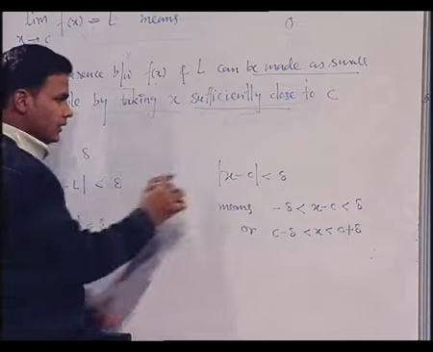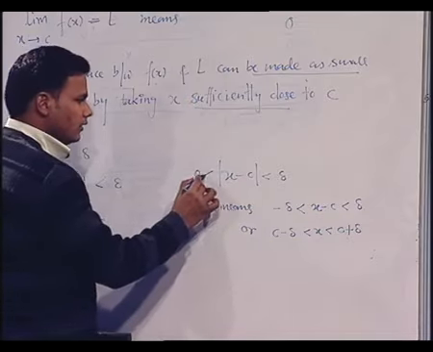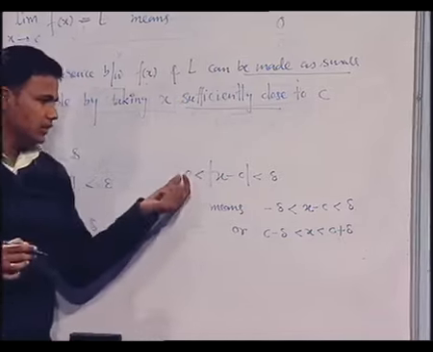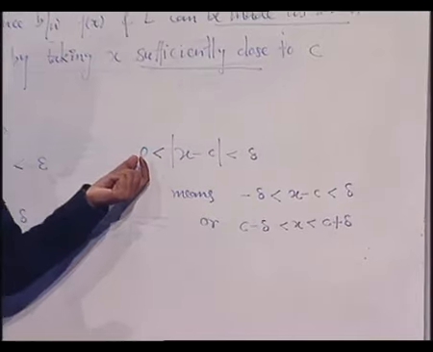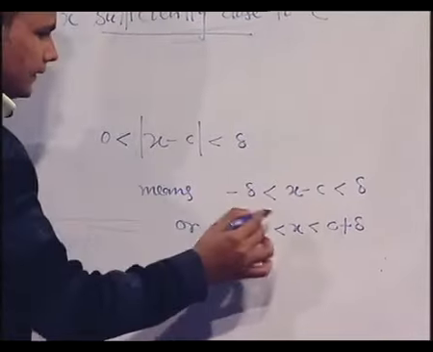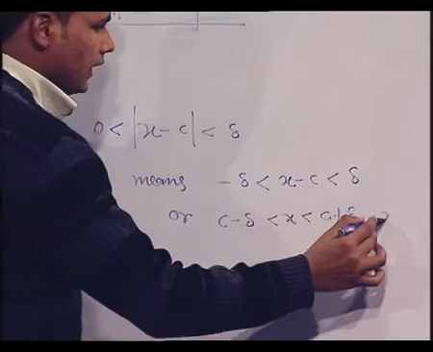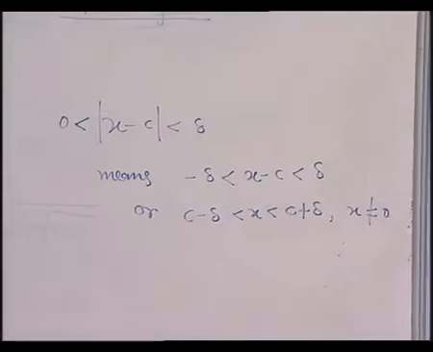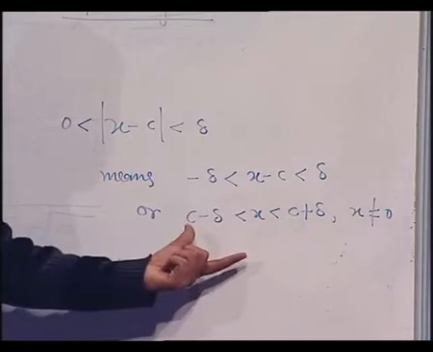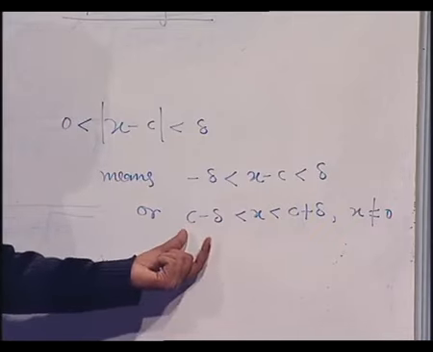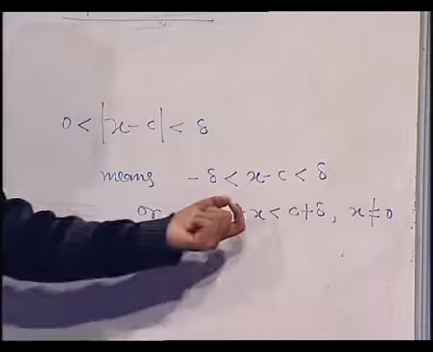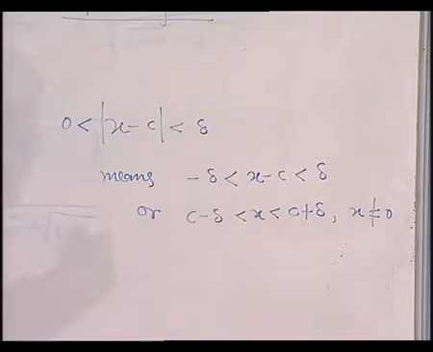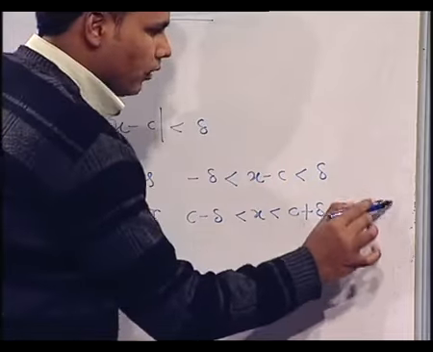But if we take this difference to be greater than 0, then this means that x is not equal to c. So this represents the open interval c minus delta to c plus delta, excluding the point c.